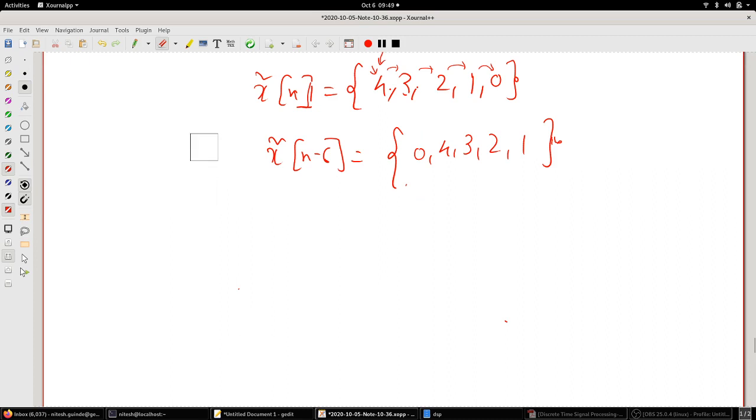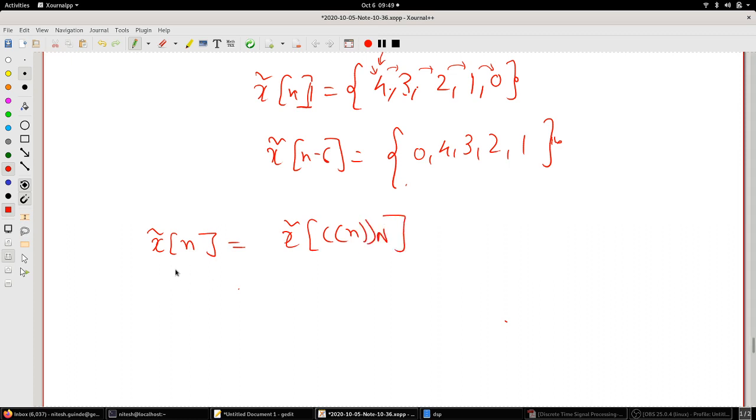So there's another method which I can use. When I am expressing any periodic sequence, I always express this as x tilde of n mod the period.